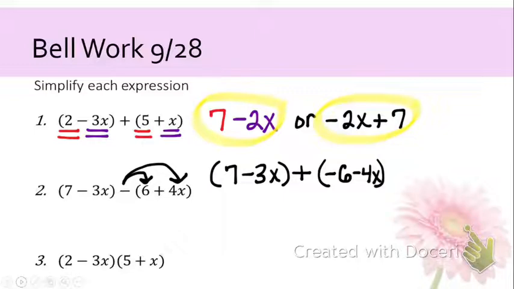So you go ahead and you just combine your like terms. So that would be the 7 and the negative 6. And the negative 3x and the negative 4x. So go ahead and do that.